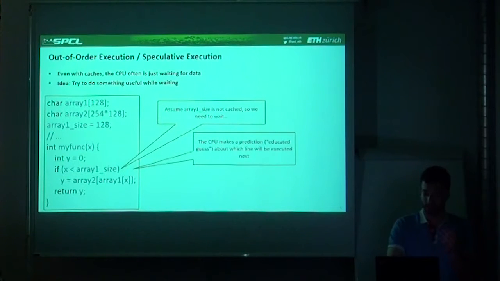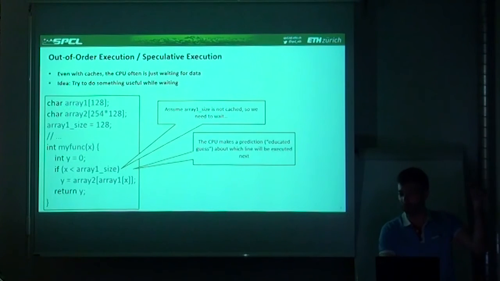So let's assume that this branch is true, and let's use these cool reservation stations for all the following computation that we do based on this educated guess. If it's wrong, we can just roll back. We know at this time we took this guess, and if the guess is wrong, we roll everything back. We act like nothing happened.